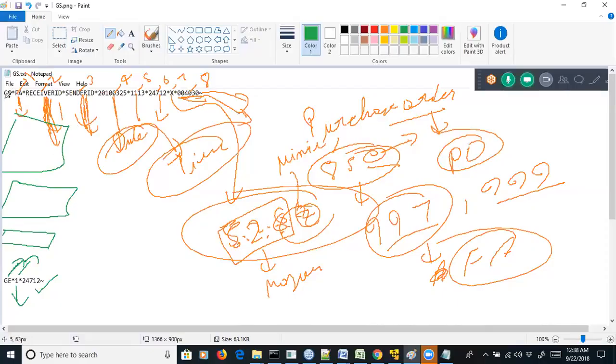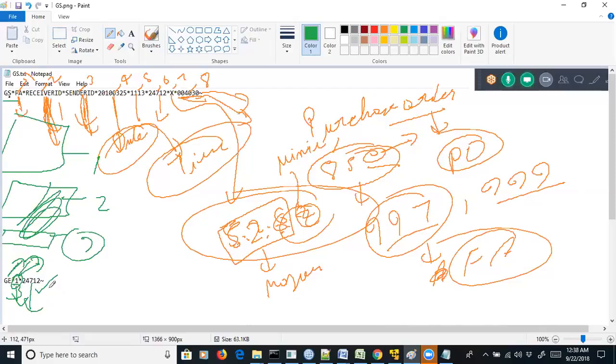So if this GS has 1, 2, and 3 transaction sets, it has 3 transaction sets, then it will be 3. But because this GS contains only one ST, that is why it is 1. So it is nothing but the number of STs in this GS.